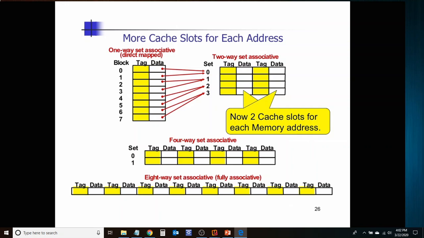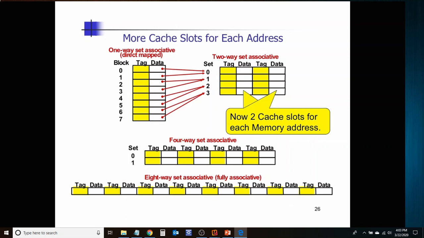So obviously it's not used in practice except when we have a very, very small cache. So those are the two extremes. One way set associative, which is essentially direct map, which we have been looking at so far, and then an 8-way set associative or fully associative, where the data could go anywhere.